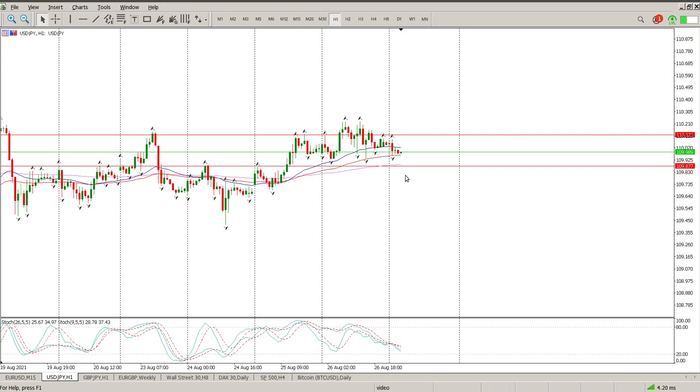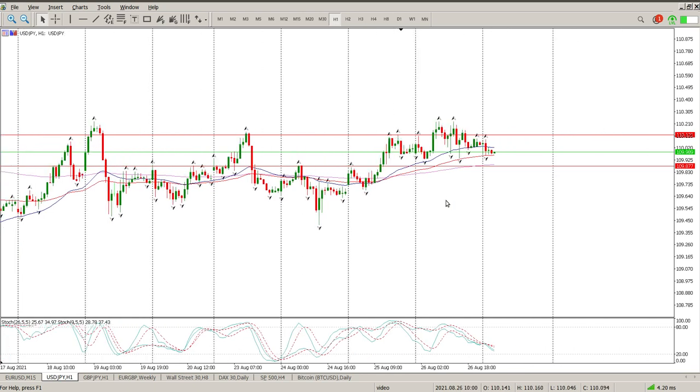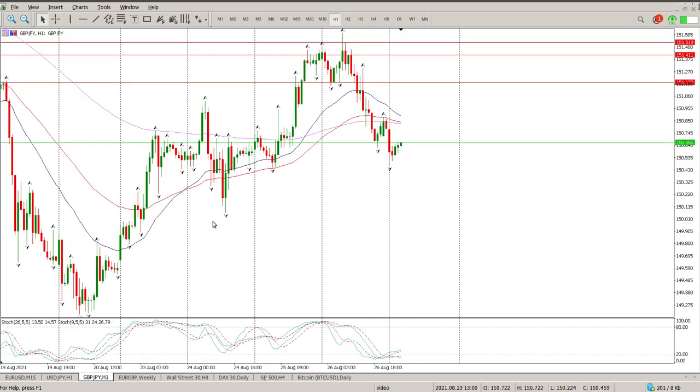I'm not really interested in anything else at the moment, so not really interested in climbing in short just yet. It is sideways, so if it breaks the range to the upside, that's what we'll be looking at. We're going to have to break below somewhere around 109.500 for me to even start looking at shorts. So that's the one scenario there.